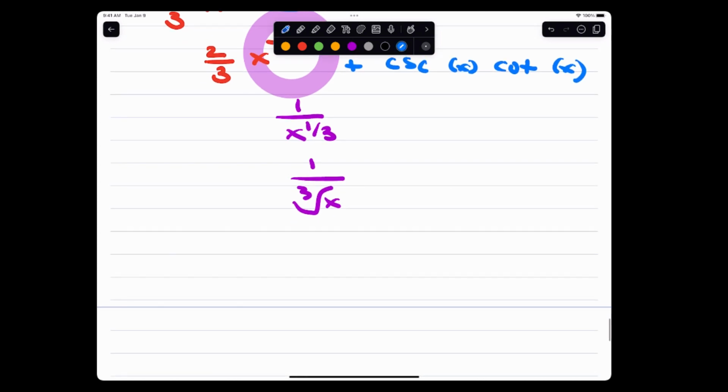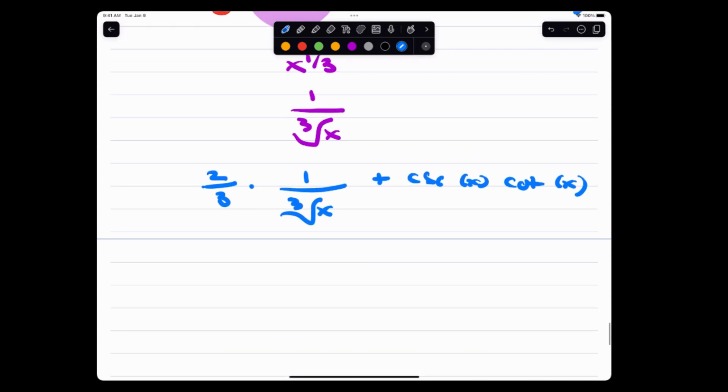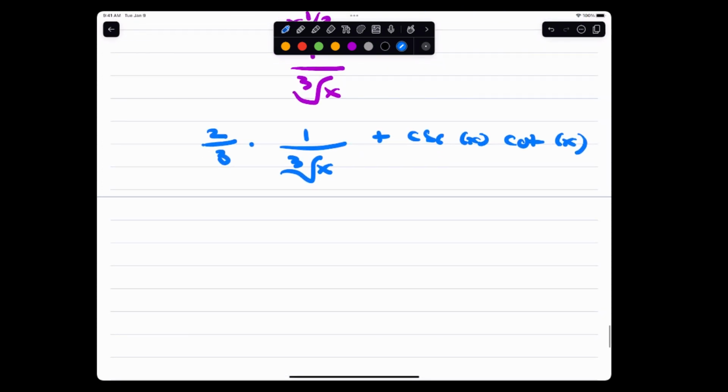So you have now 2/3 times 1 over the cube root of x plus cosecant cotangent. So what do you guys do with the algebra here? 2, 3 cube root of x. What did I do here? It's really not algebra.